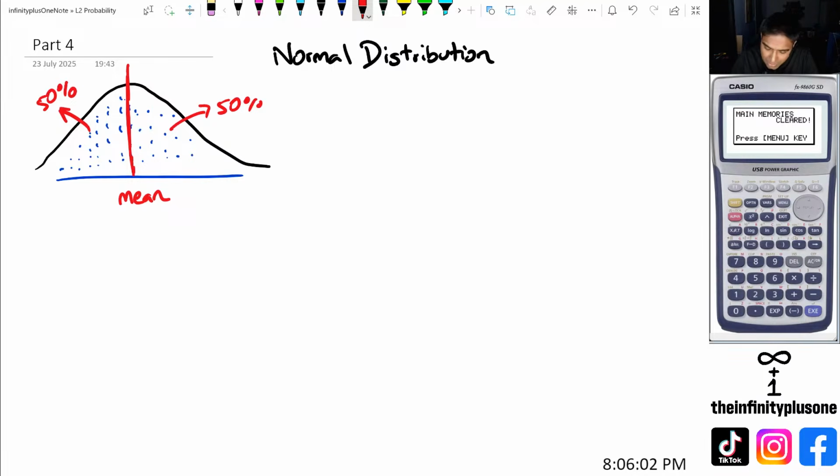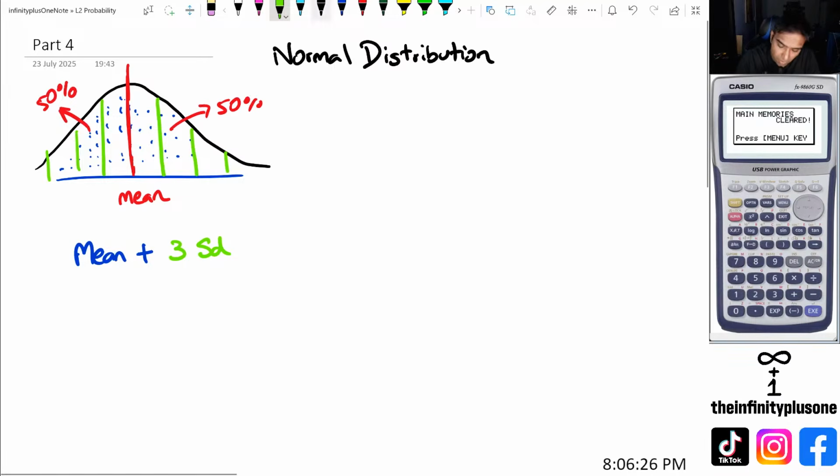The other idea is that from the mean, let's say you go 1 standard deviation, 2 standard deviations, and 3 standard deviations. So imagine it like this: we're doing the mean plus 3 standard deviations. Basically, there are these numbers that they come up with, and I've seen it before, and I think it's 99%.